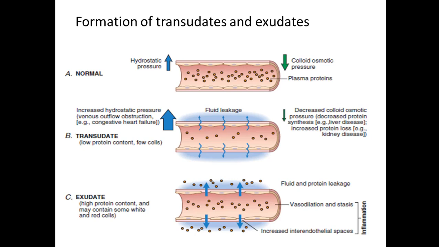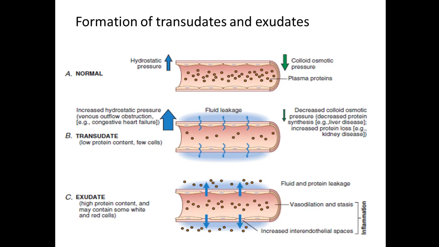One end of the capillary is at the end of the artery, and the other end of the capillary is at the beginning of the vein. So this is the part that communicates the arterial and venous blood vessels.